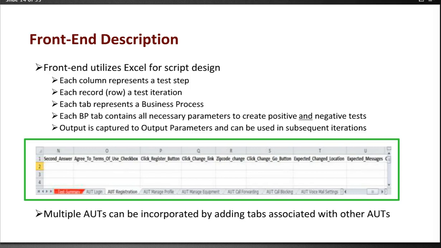The great benefit of such a framework and such a front end is that multiple applications under test can be incorporated simply by adding tabs associated with other AUTs. So perhaps we've got a new process coming down the road where it's going to be drop class. Then all we would have to do is add a tab, which would, again, represent a business process, for that drop class functionality.